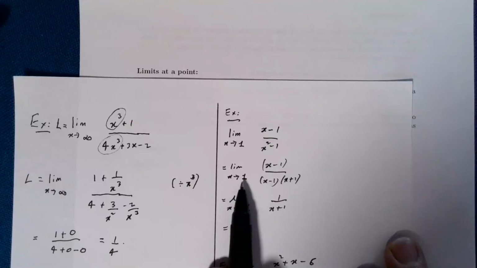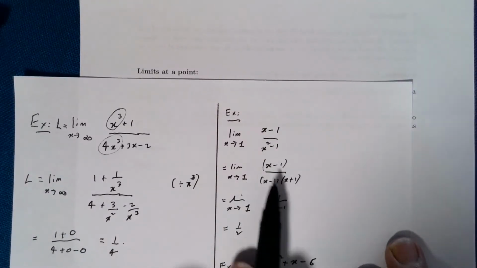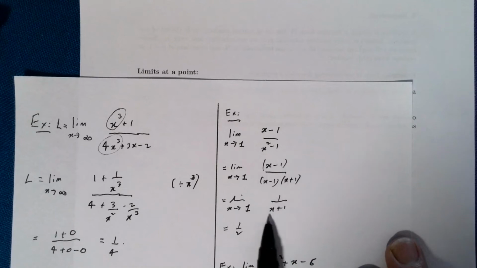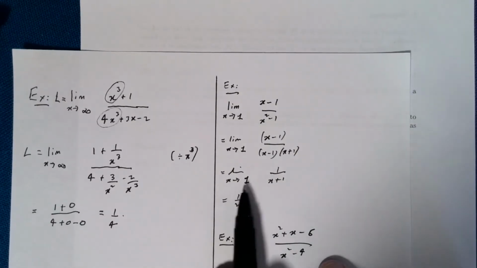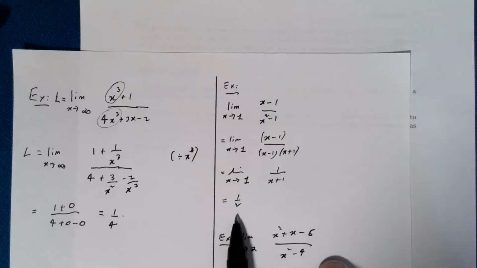X is approaching 1, but it's not 1. So I can cancel these terms out. These are not 0 because x is not 1. So I can cancel these terms out, and I just get 1 on x plus 1. And now I ask the question, well, as x gets close to 1, what's 1 on 1 plus x doing? Well, obviously it's getting close to 1 on 1 plus 1, which is a half. And so we say the value of this limit is a half.